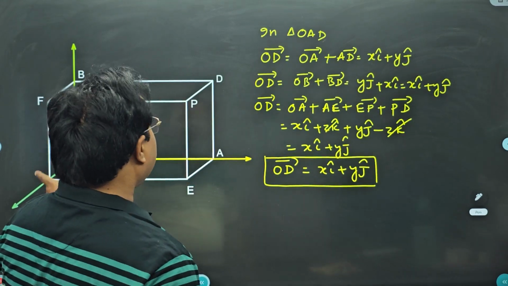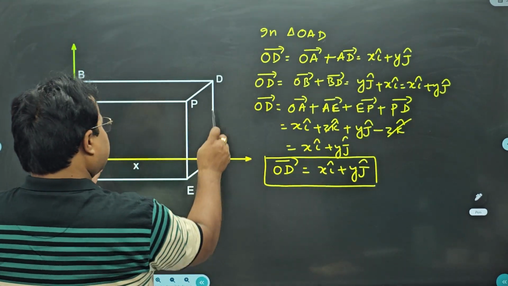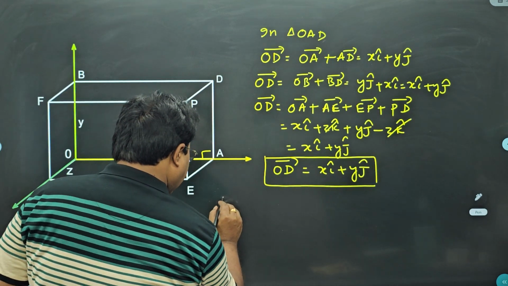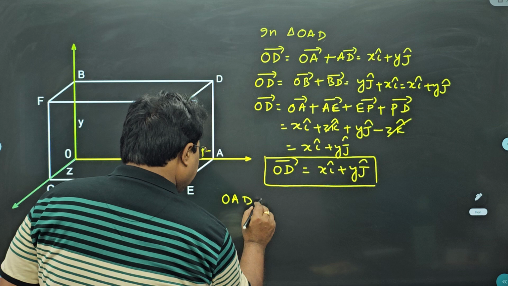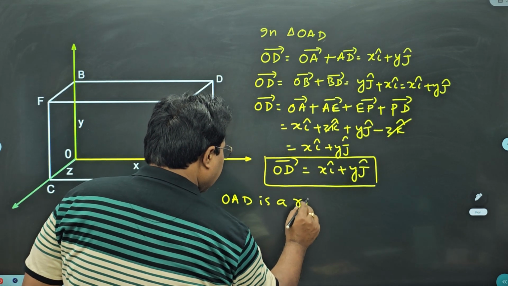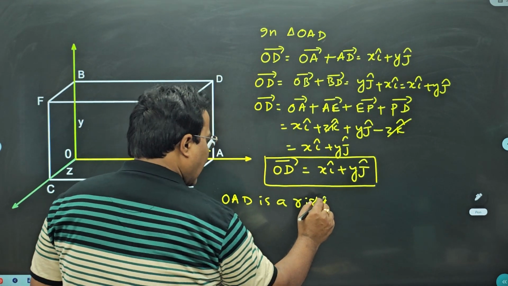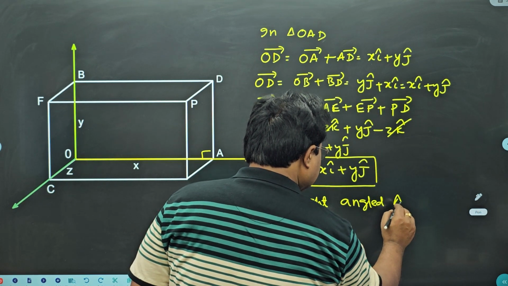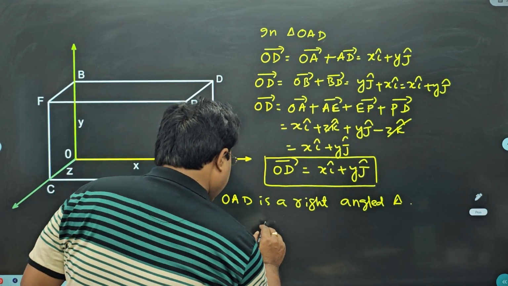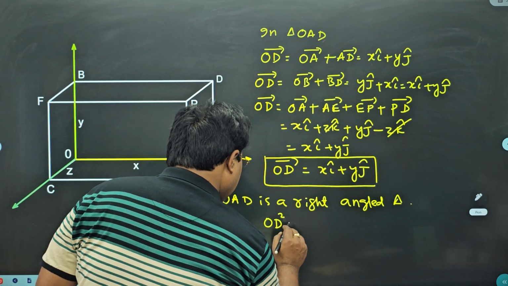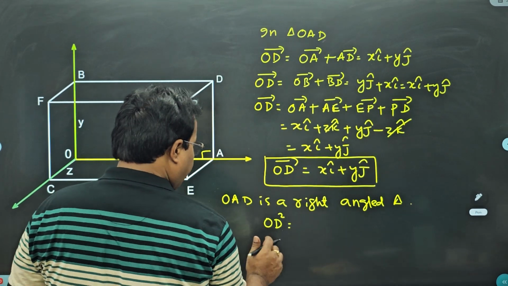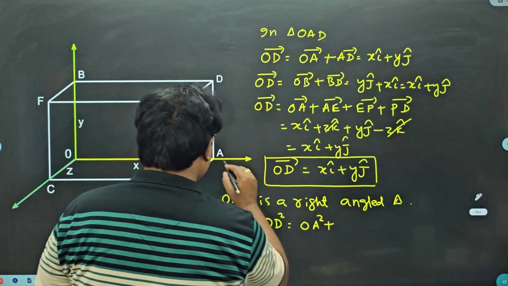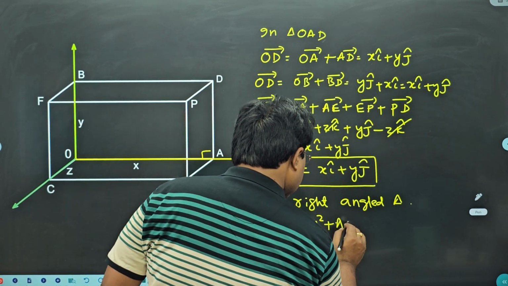Let us see here. In this same triangle OAD, this is 90 degree. So OAD is a right angle triangle. What is OD square? OD means only magnitude of OD vector. OD square is equal to OA square plus AD square.